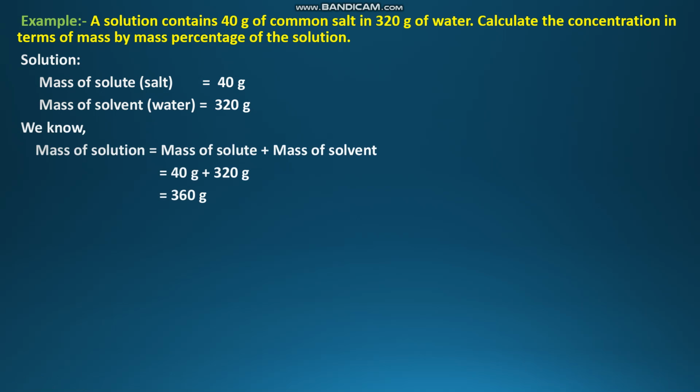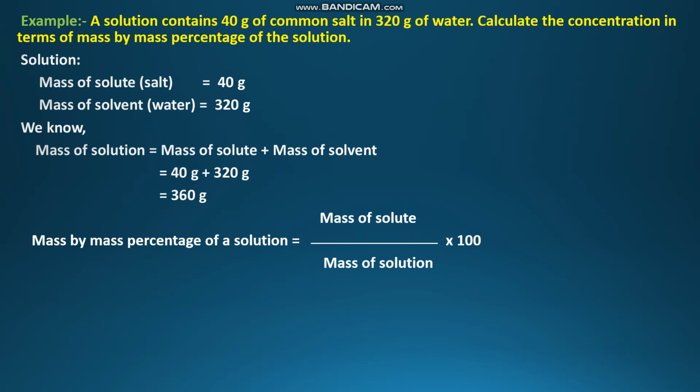Now what is asked to find out here? We have to find out the mass by mass percentage of the solution. How to find out mass by mass percentage? Mass by mass percentage is equal to mass of the solute divided by mass of the solution into 100. So let us write the equation.